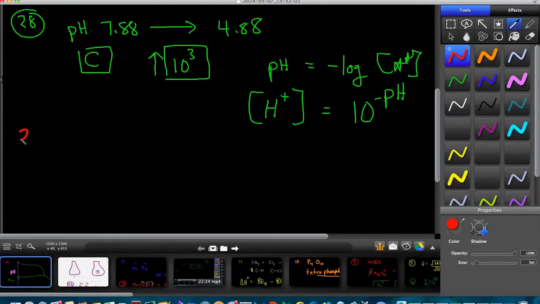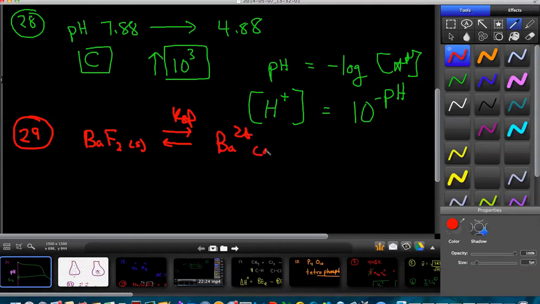Moving on to 29. What is the solubility product constant for barium fluoride? Barium fluoride is BaF2 solid yields Ba2 plus aqueous plus 2F minus aqueous.